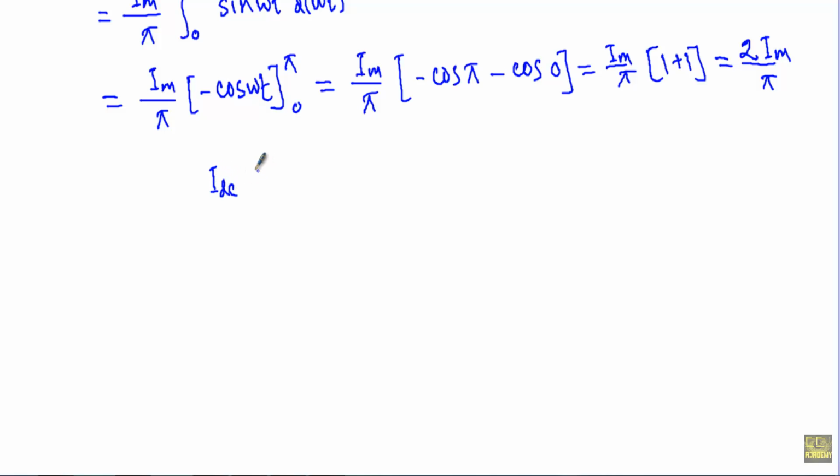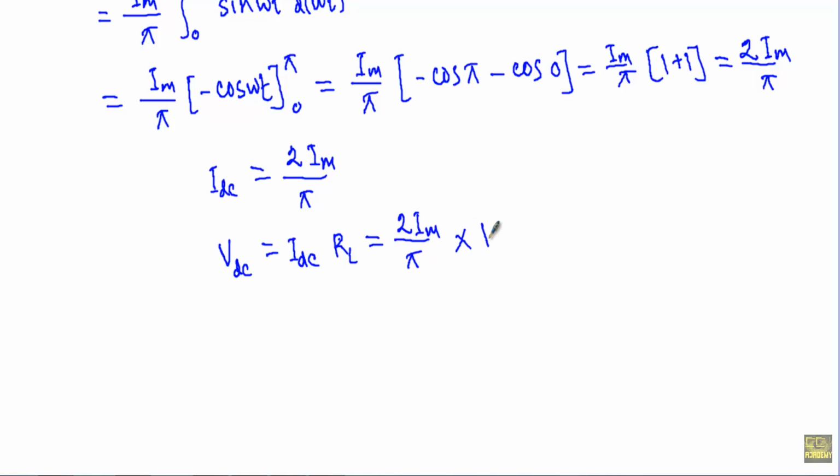Now what will be the output DC voltage? VDC will be equal to IDC into RL, where IDC is 2Im by π, into RL. See, Im into RL represents the maximum value of the voltage.